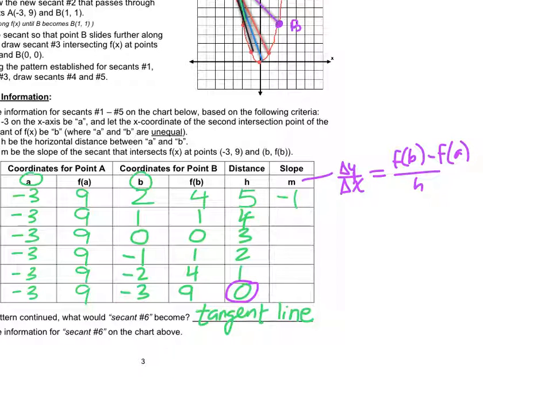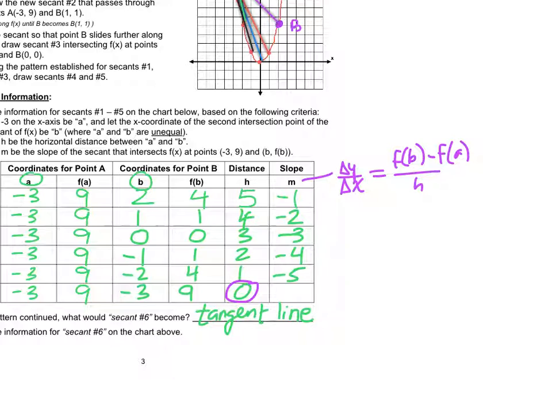All right? So if I just subtract my f of b, f of a, I'm going to get my change in y values. 4 minus 9 is -5, divided by h would be -1. 1 minus 9 is -8, divided by 4 is -2. Follow the trend. Once you get a few values in there, you get -3, -4, -5.